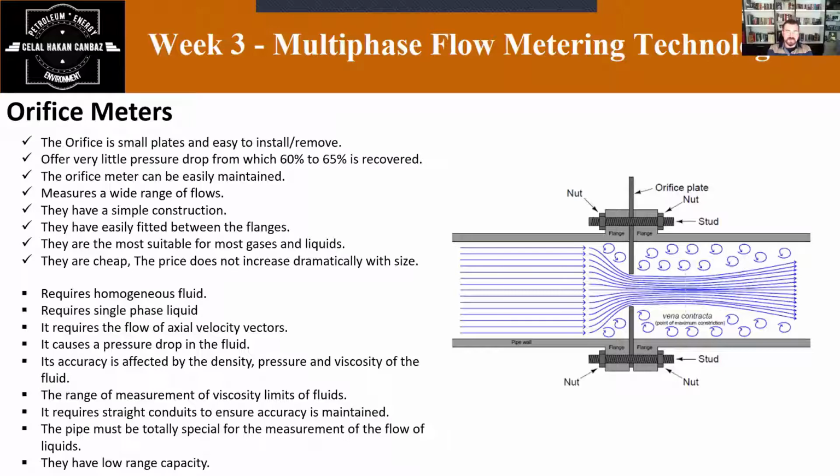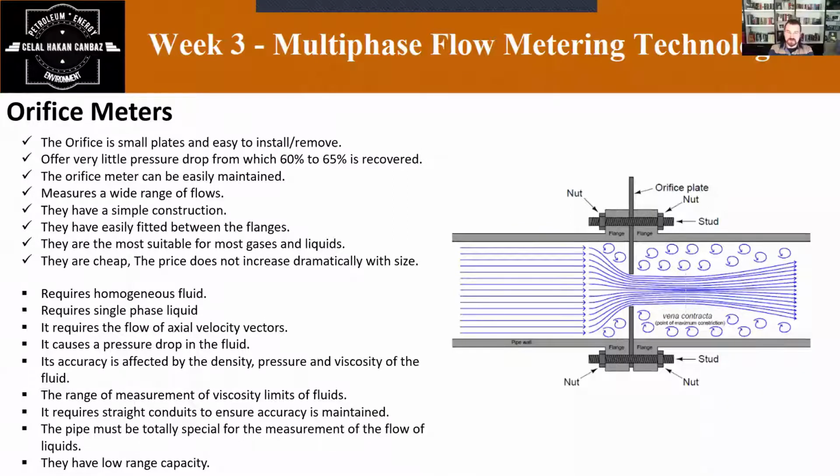The accuracy is affected by the density, pressure, and viscosity of the fluid. Of course, like the others as well. This is surely so. The range of measurement is limited by the viscosity of fluids. Viscosity can be a problem here as well. For heavy oils, your error percentage will be increased as well.